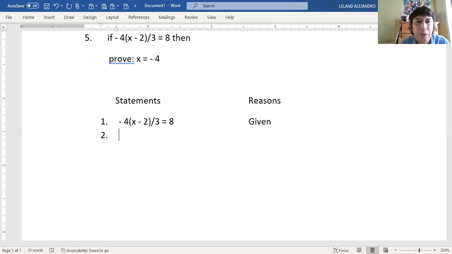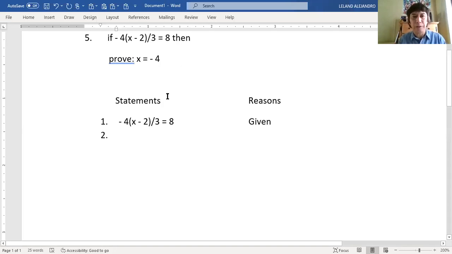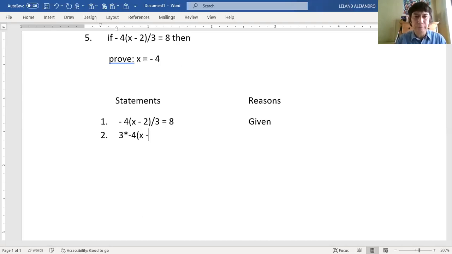There. And for the second statement, all right, we shall try to simplify this right away. All right, if we wish to remove this 3, then we can apply multiplication. So multiplying both sides by the number 3 cancels this out. Okay, a denominator of the 3. Remember, this symbol is divide. Okay, so if we only use 3 times negative 4 times the quantity x minus 2, over 3 is equal to, we also multiply the right side by 3.